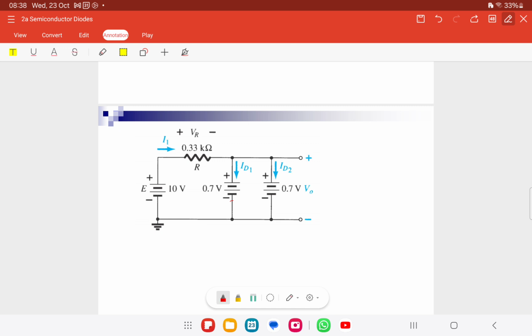Okay, for this one, dia akan masuk kod sini. So, this one will turn on first. 0.7.